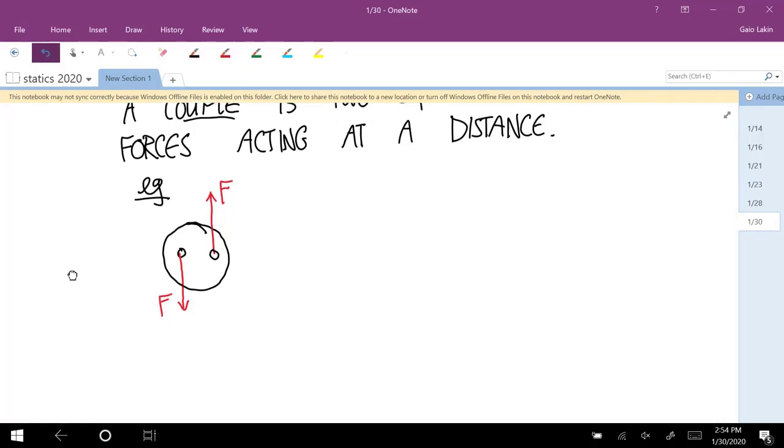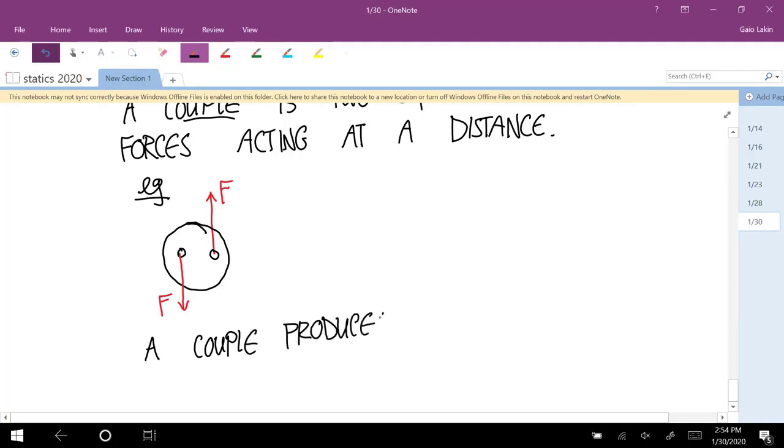And what we're going to see is that a couple produces a moment that doesn't depend on the about point. It's the same no matter what the about point is.